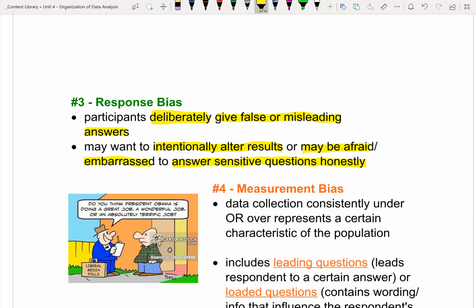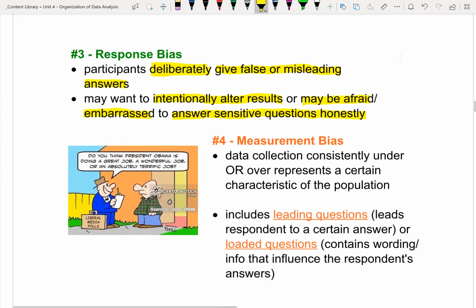Right? So the response bias comes from the actual answers that are being given. So this is where maybe subjects are trying to fit in, and they want to give answers that they feel other people would give. They don't want to answer them honestly and whatnot.